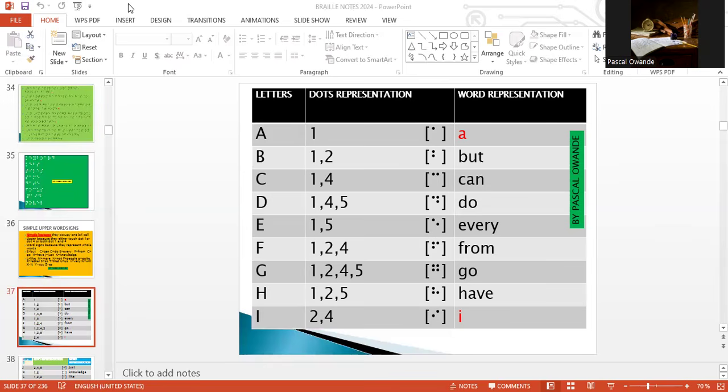Then, just like letter A was just representing article A, letter I, represented by dot 2 and dot 4, will just remain to be I, the pronoun I, or like in the word ink. It does not have its word representation in Braille.